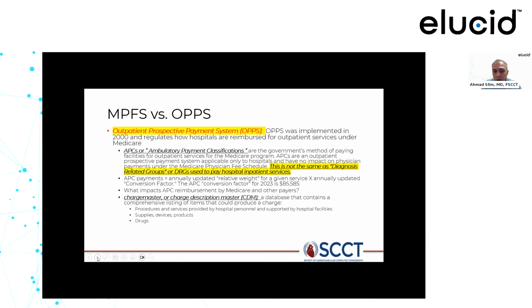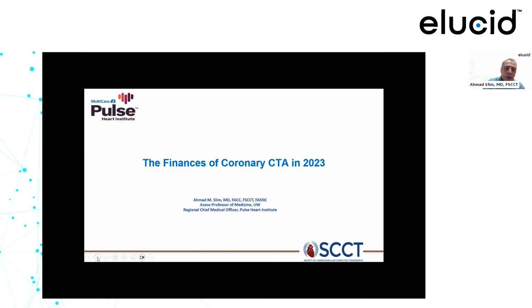So we always end up being undervalued in the charge master, and eventually diluted when it gets averaged with everything else. So these are the two payment systems that we get reimbursed off of: the Medicare Physician Fee Schedule and the OPPS.